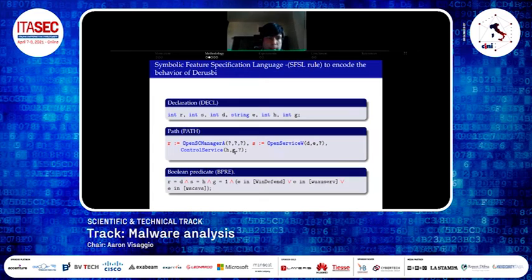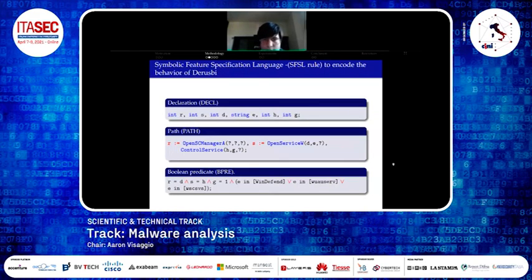The third is the Boolean predicate, which defines the relationship between the API calls involved in a rule. For example, in OpenSCManagerA, we have a return value R in red, which is a pointer to a service database. And the first argument of OpenServiceW, which is D, is also a pointer to the service database. So these two are connected: both APIs are invoked on the same service database. Then we have H and S, which are services.